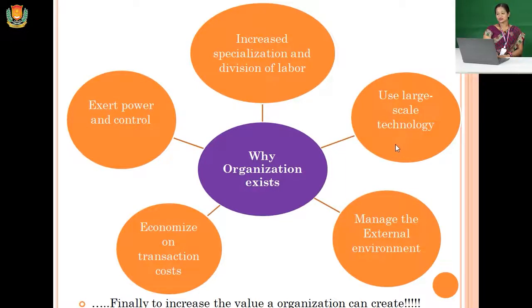Second point is huge large scale technology. In an organization, there are so many people, so we are able to use technological machineries as well as install large scale plants. As accountancy says, up to some extent, when production increases, the per unit cost decreases.